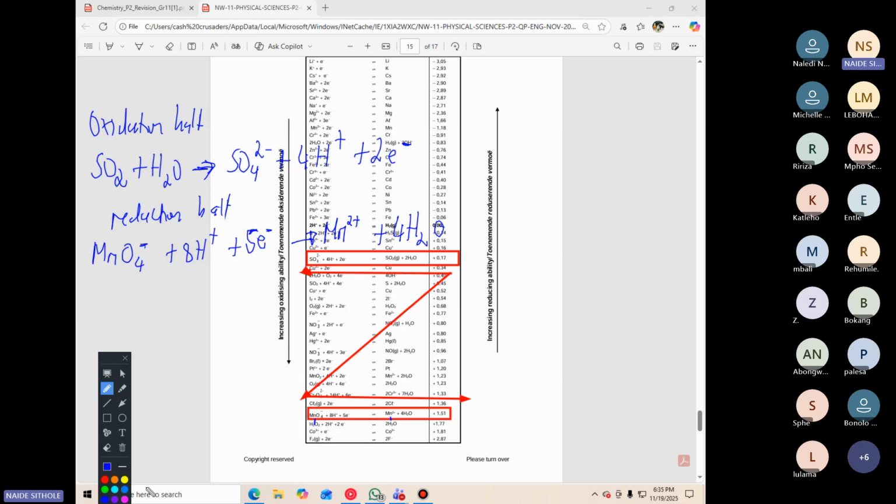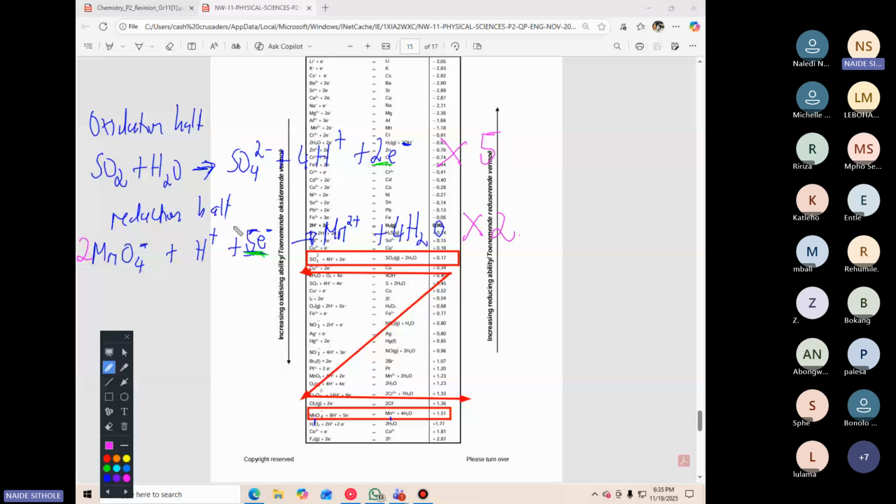Now remember, the whole purpose of the net ionic equation is to make sure that you balance the number of what? Electrons. So as we can see, here we have 5 and here 2. We do our cross multiplication, meaning up here we multiply by 5, down here we multiply by 2. Then 2 multiplied by 1 is 2. 2 multiplied by 8 now changes to 16.